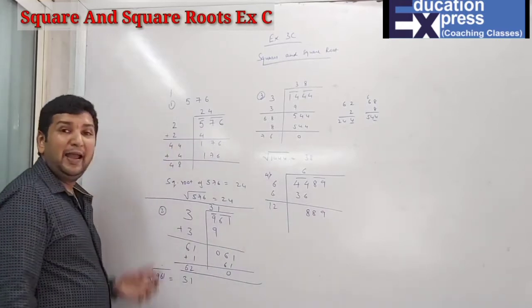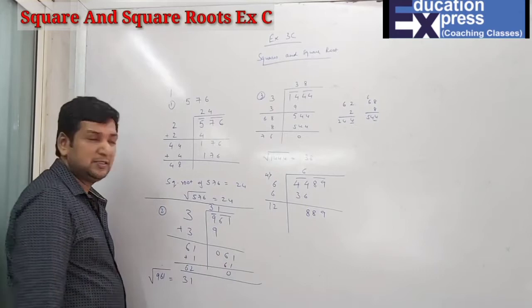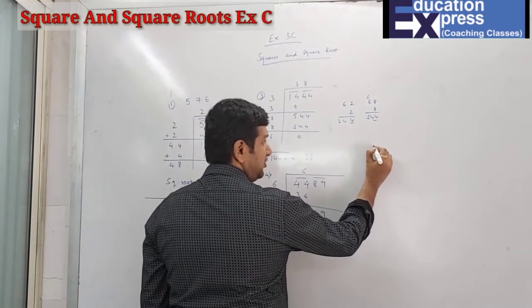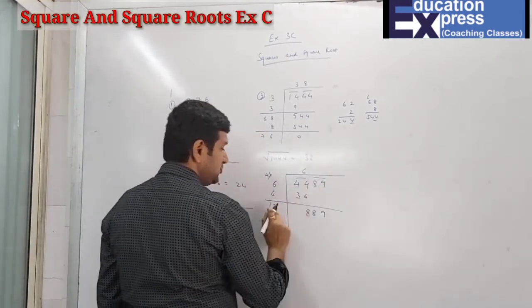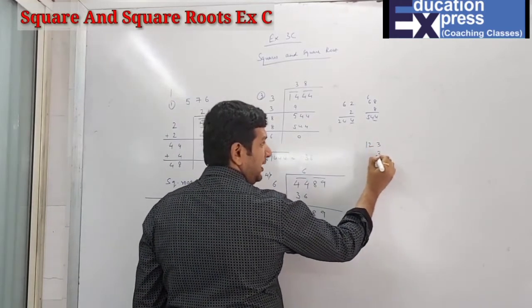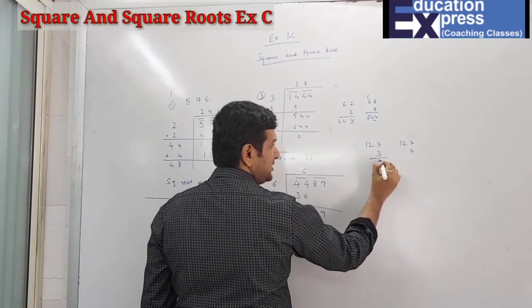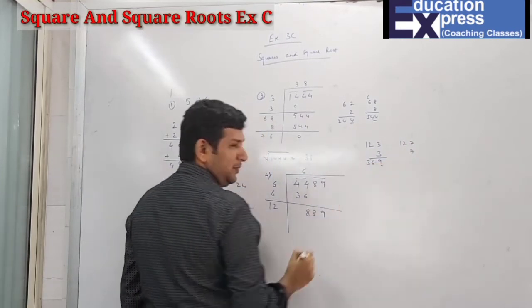8 and then 9. Students, now 9. So which number's square can we get 9 as a unit place? So can I say 3 and then 7? That means 12 to 100% be there. Now either it will be 3 into 3, 12, or it will be 7 into 7. Because in both the cases the unit place will be 9.